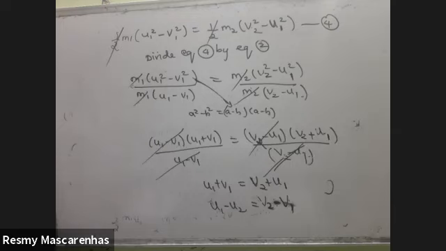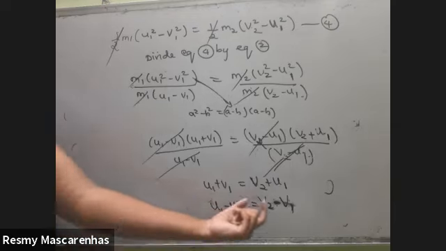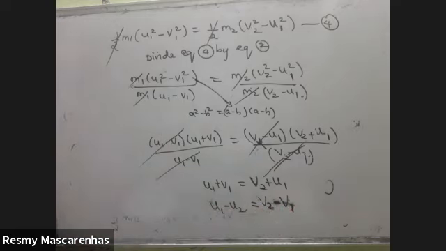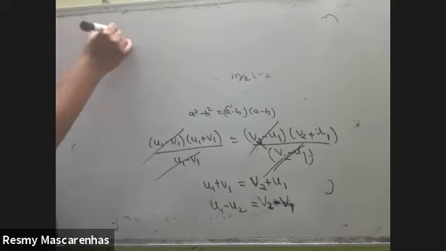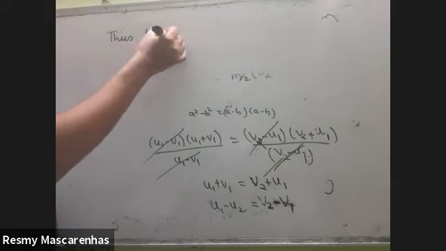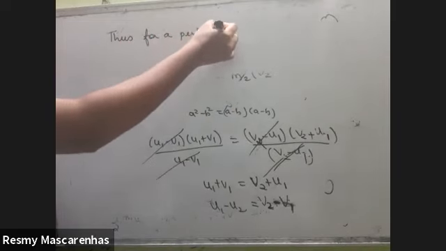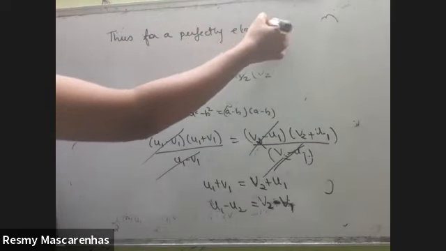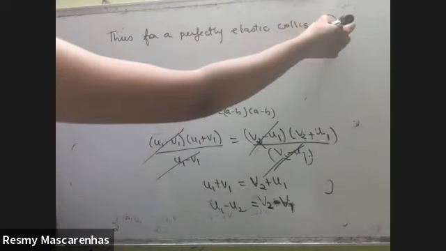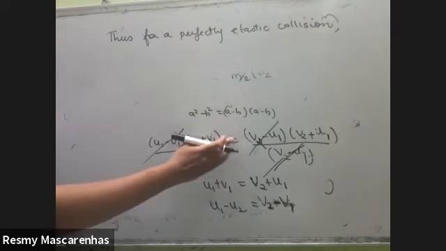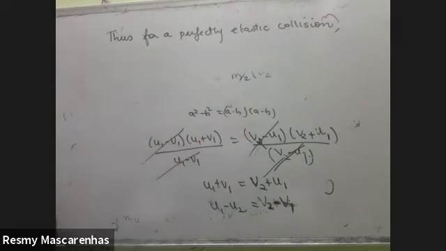So basically, the change in the velocity before collision is equal to the change in the velocity after collision. So you can write it as, therefore, for a perfectly elastic collision, perfectly means without any loss of energy.